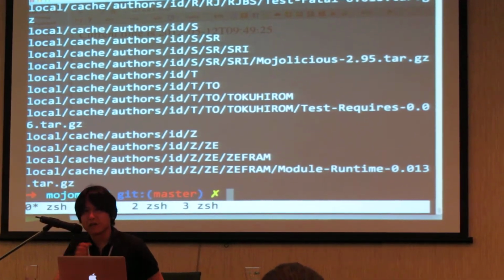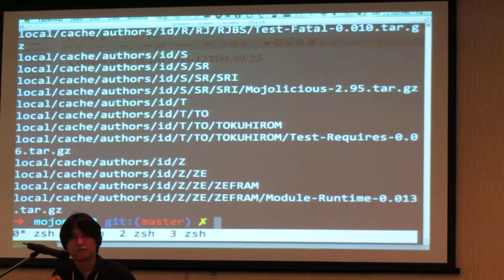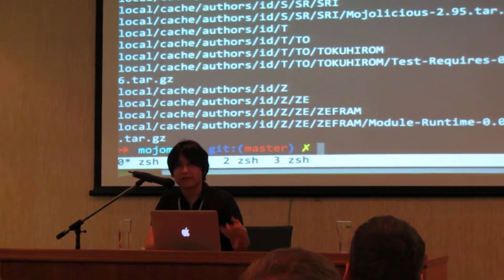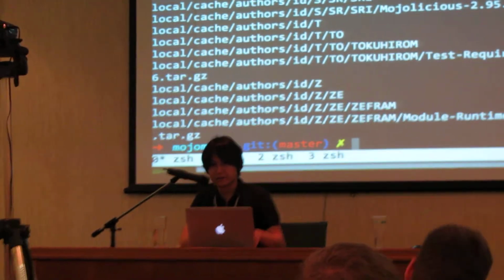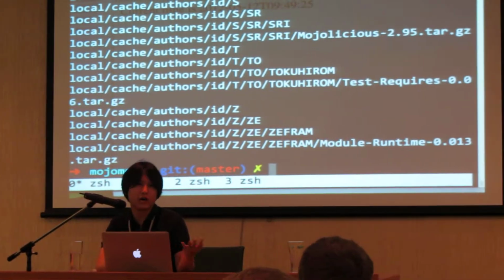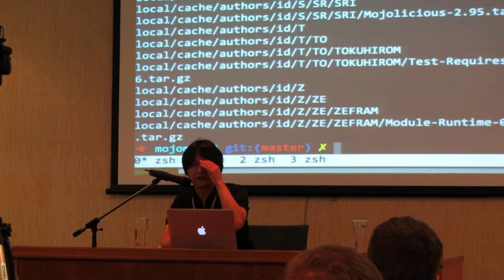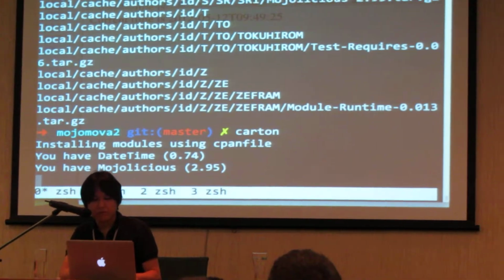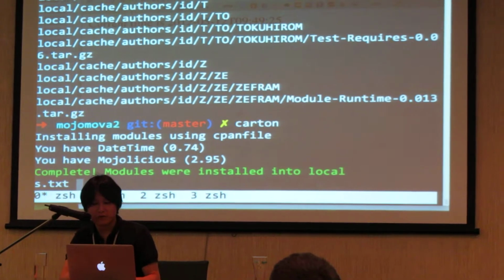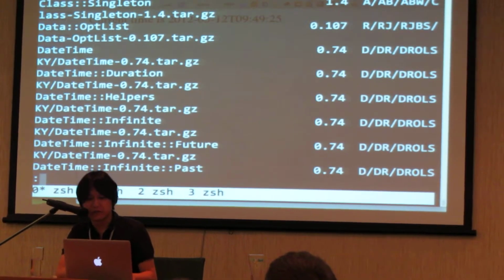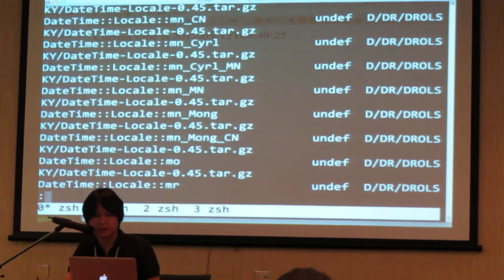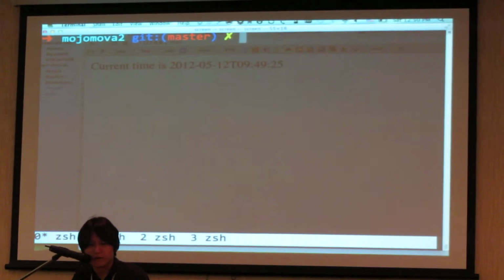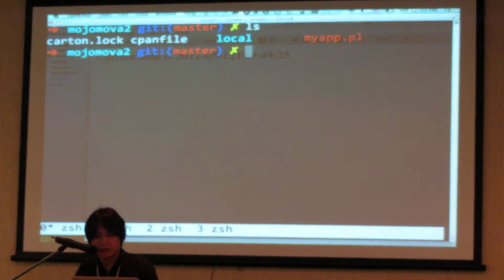So you can just rsync this directly to your machine and install from there, instead of pulling everything from CPAN. If you have like, I don't know, 100 machines in production, that'll be a nice feature. And all this information is saved into a file as well. So this is how all the dependencies are deployed on the production machine.